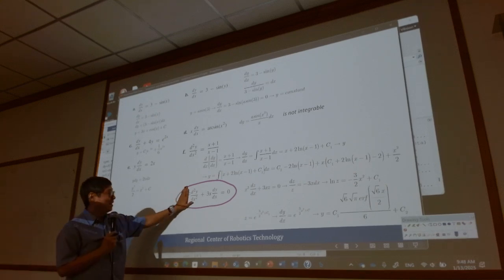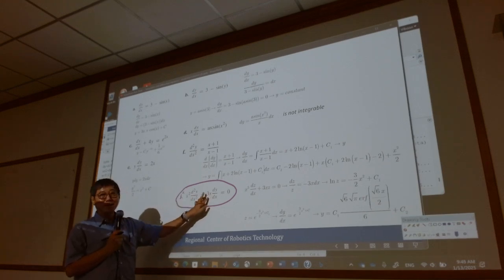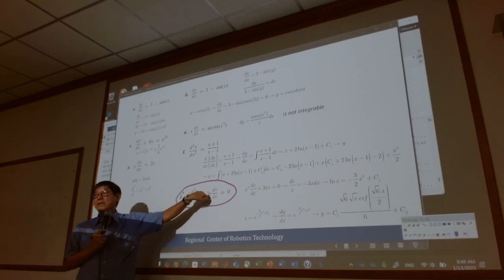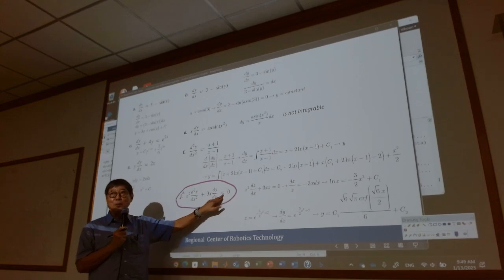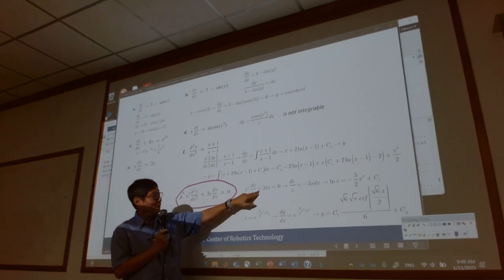You see y double dot, y dot, and the parameters of the system are functions of t. Linear, second order, time varying. So it is harder. But if you have constants, it is very easy to solve. And with no input, it is a homogeneous equation. You can solve this one.